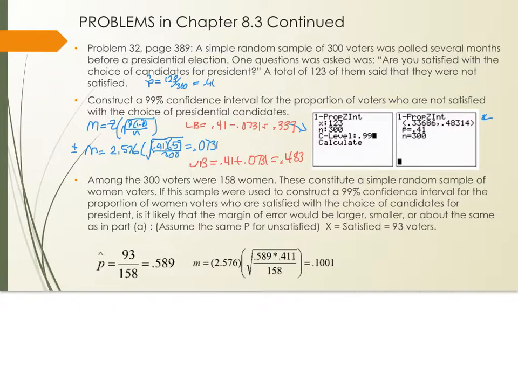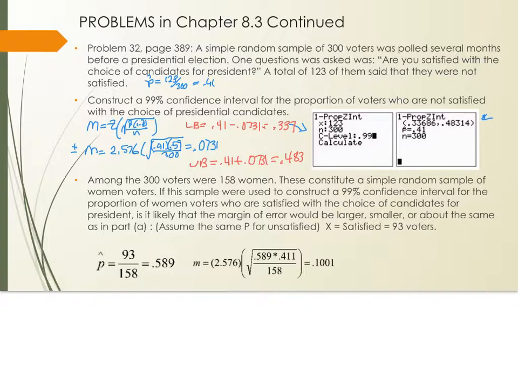In our second question, it says among the 300 voters were 158 women. These constitute a simple random sample of women voters. If this sample were used to construct a 99% confidence interval for the proportion of voters who are satisfied with the choice of candidate for president, is it likely that the margin of error would be larger, smaller, or about the same as in part A?